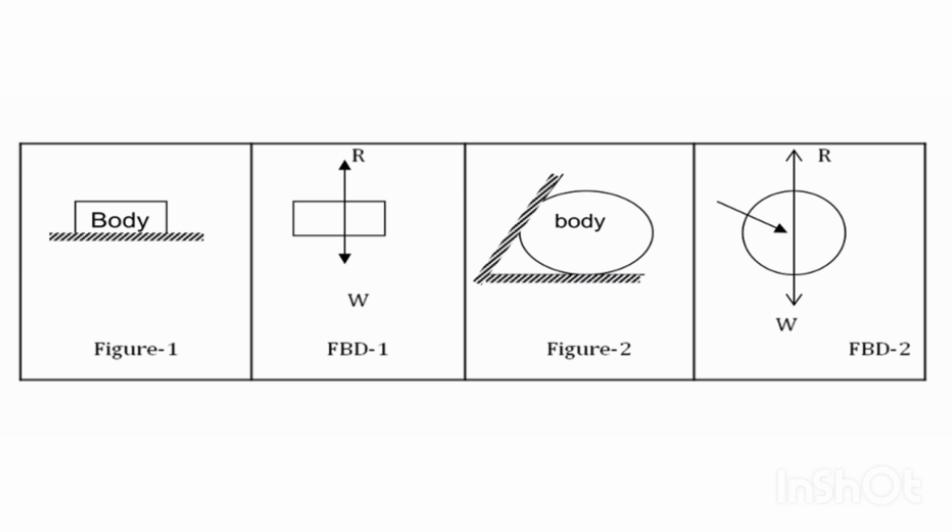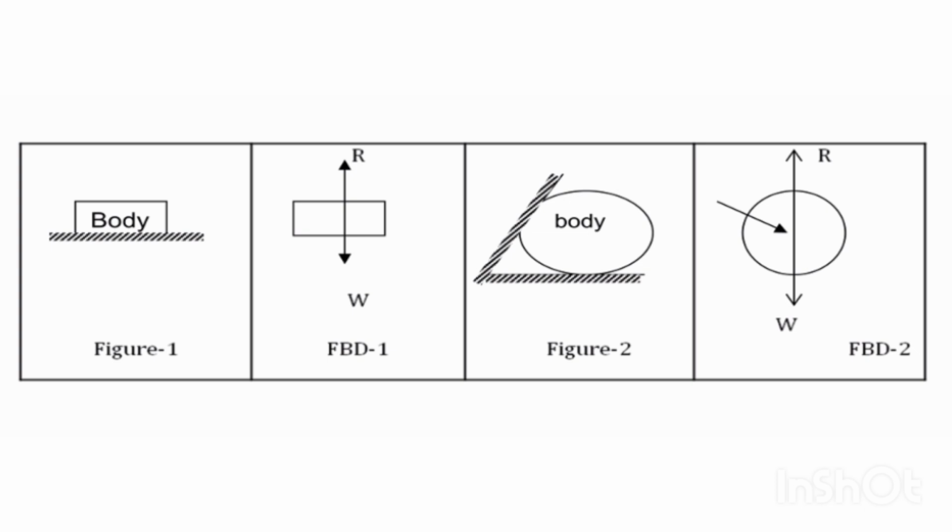Okay. Similarly, here in figure 2, a body is in between some inclined plane and the floor. One inclined plane is here, and another is the floor, and the body is situated in between.